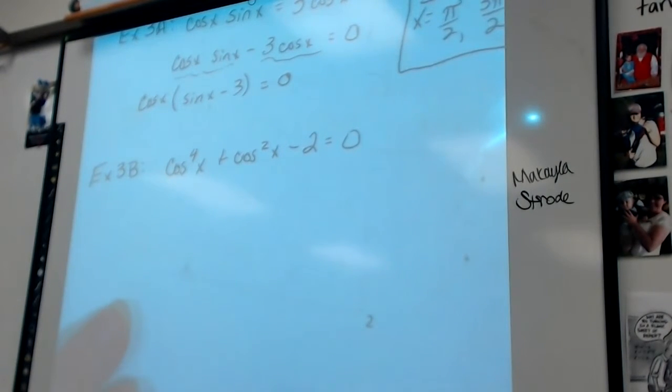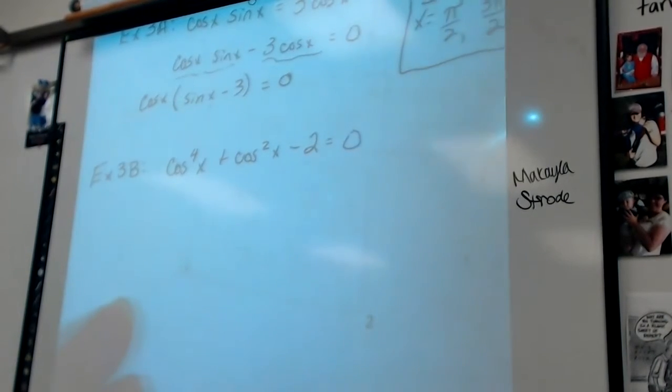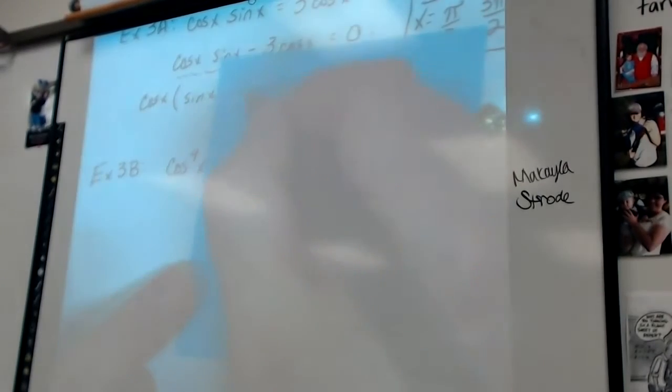Now this one's a little bit different. Okay, let's say we had, I'm not sure this is going to work, x to the 4th plus x squared minus 2.